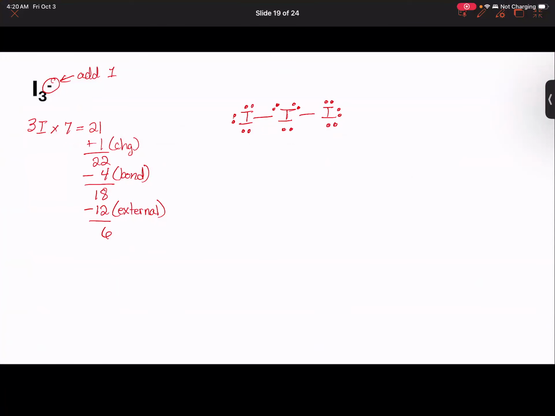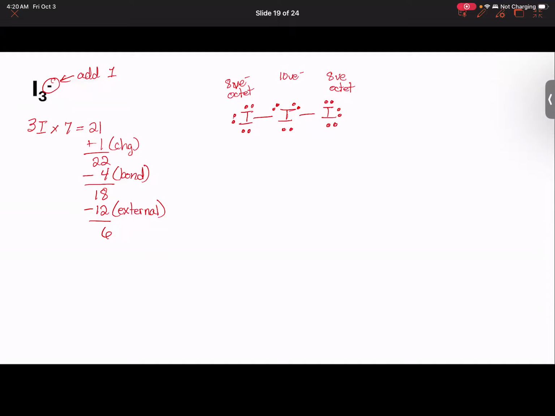Now, is this acceptable? Your current iodines, the outer iodines, have an octet because they have 8 valence electrons. But is it acceptable for the central atom to have 10 valence electrons?